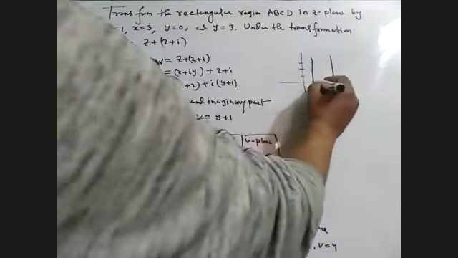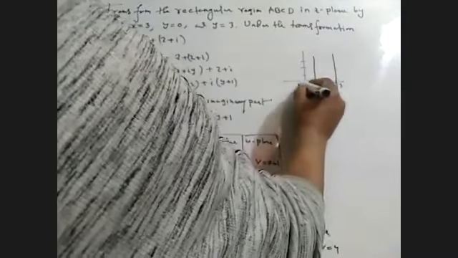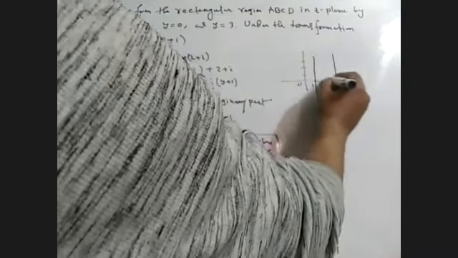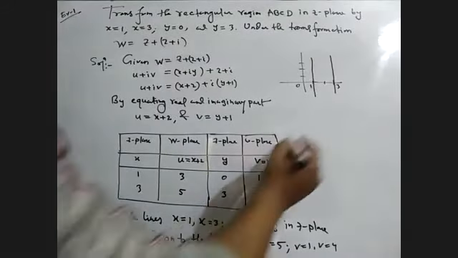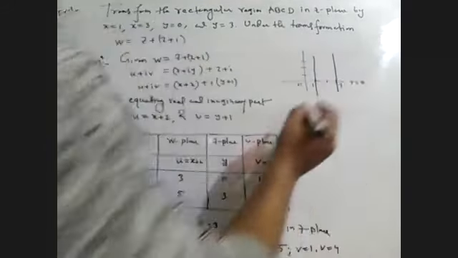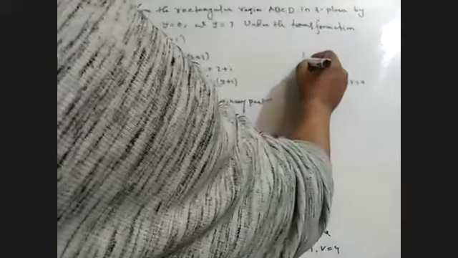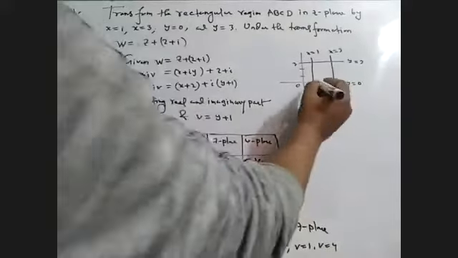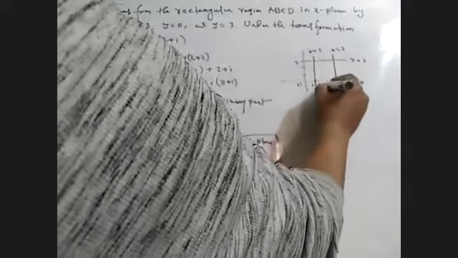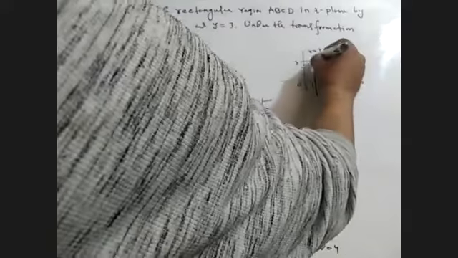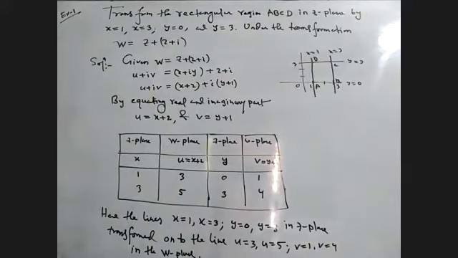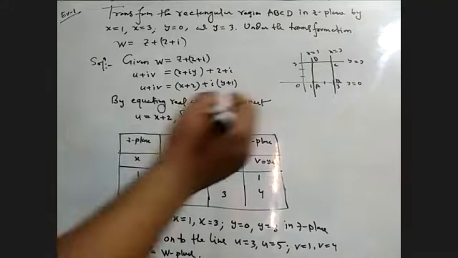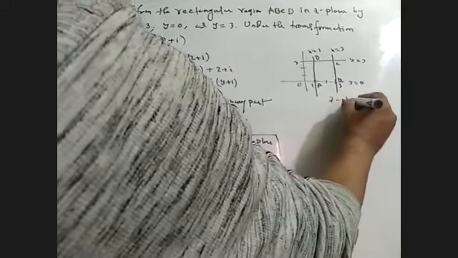Y equals 0 is the line equation of the x axis, and y equals 3 will be this. So we get the region ABCD in the Z plane.